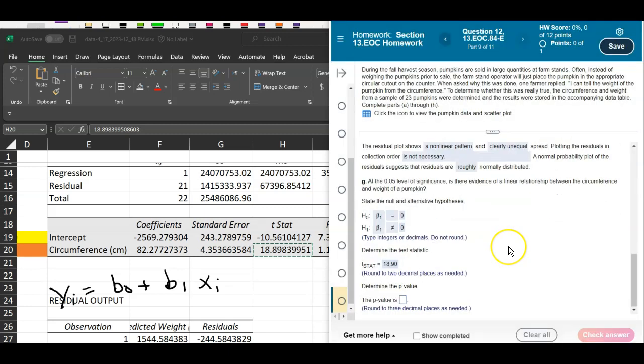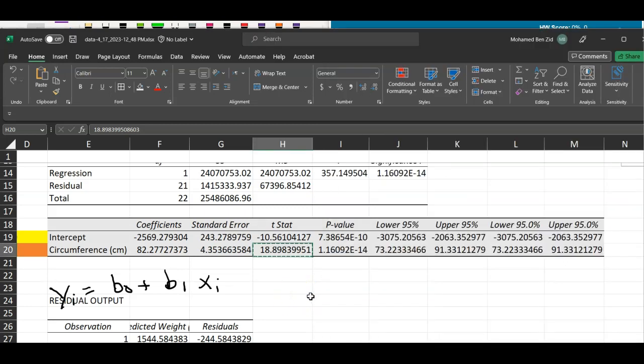Quite good. Now they are asking for the p-value, and you can see it next to it. This p-value is basically 0, right? Why? Because we have e to the minus 14. It means the decimal is going to be moved 14 positions to the left, and that's going to give me a 0.